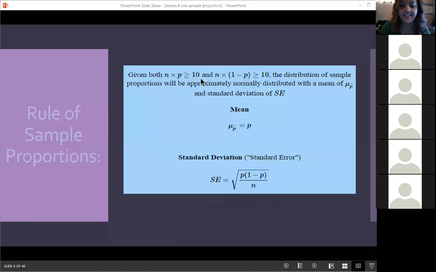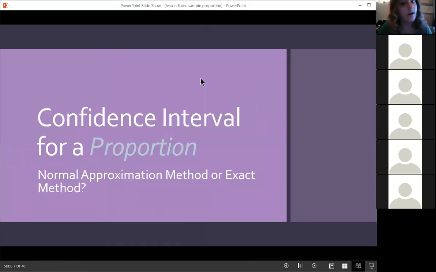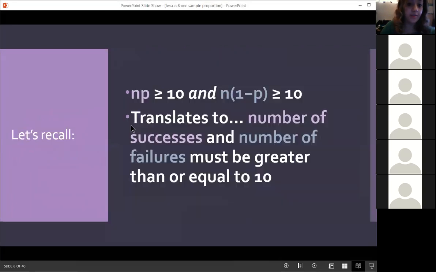Let's continue. Next is confidence intervals for a proportion. In this case, we're deciding whether we want to use the normal approximation method or the exact method, and we decide that based upon what our situation is. First, remember what we just talked about: I kind of got ahead of myself, I'm sorry, so we're reiterating.